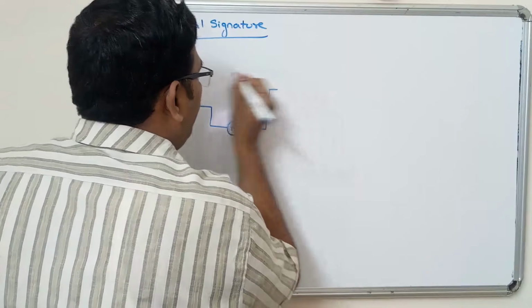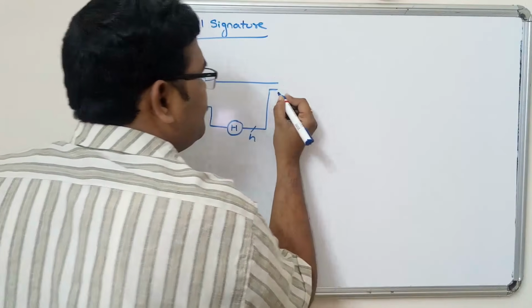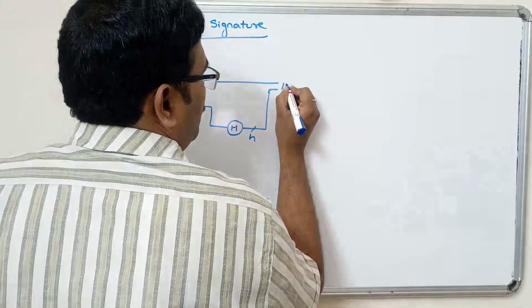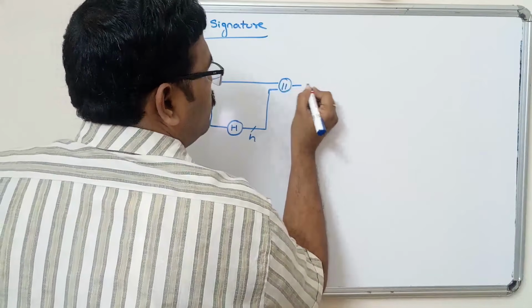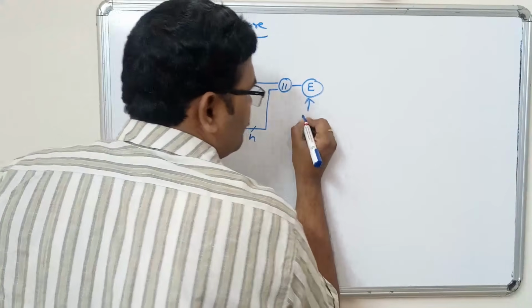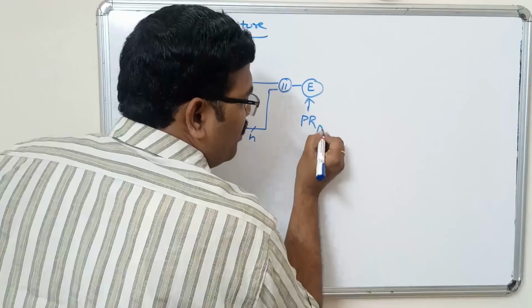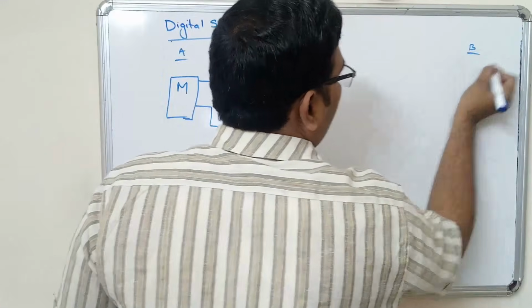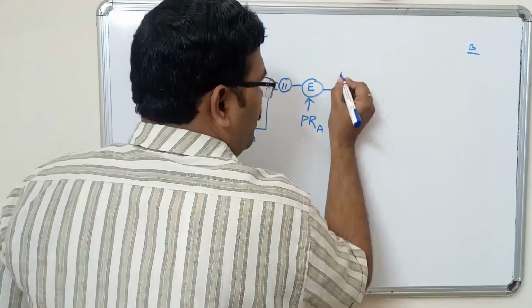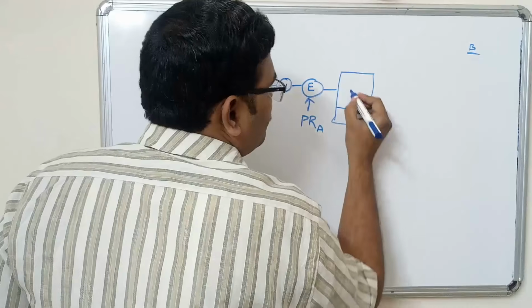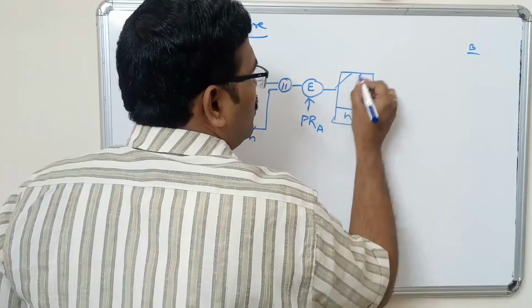This hash code is appended with the plain text message, which is encrypted using the private key of A. Here, if it is A and this is B, then the message will be in this form, with the hash code.